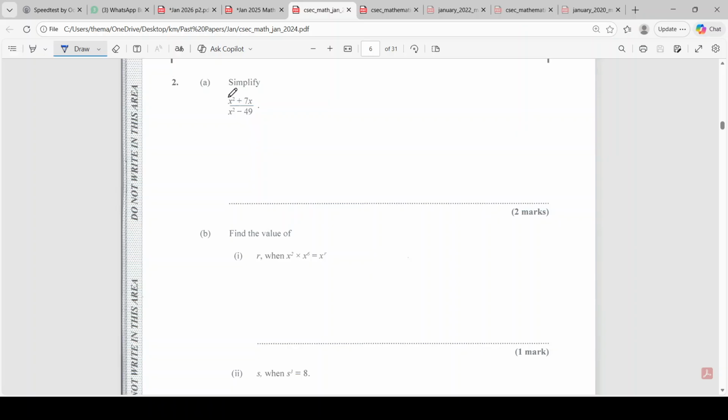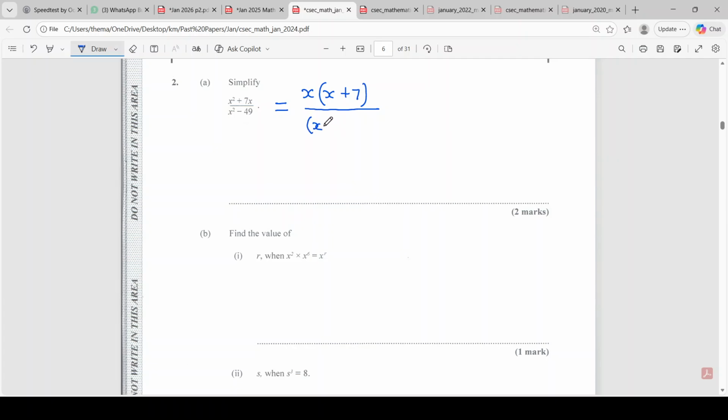The first one on top has a common factor, so we could factorize out the x. You will remain with x plus 7 over x squared minus 49, which we did in the last paper.